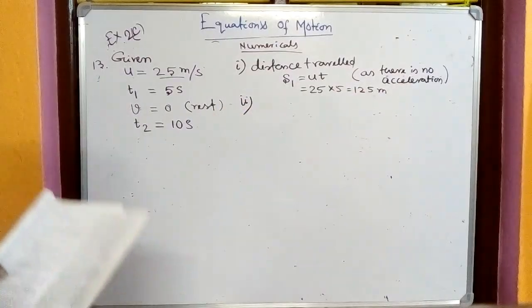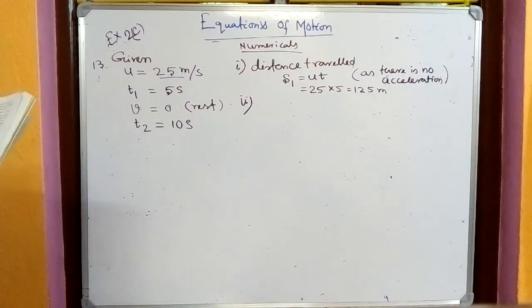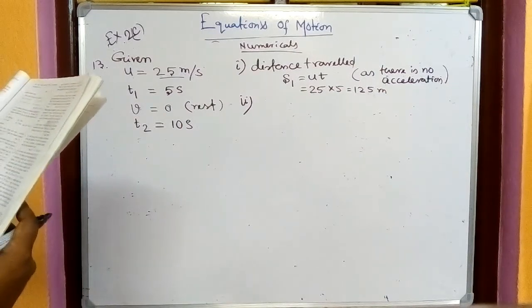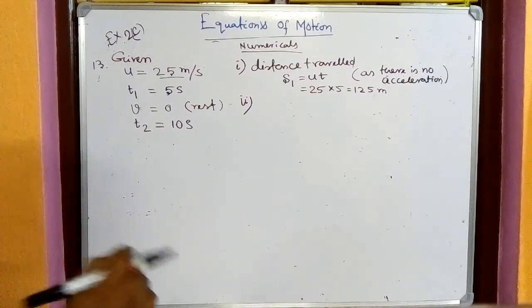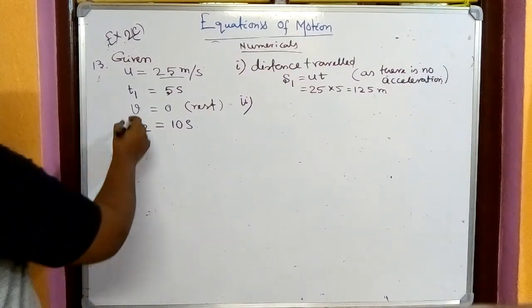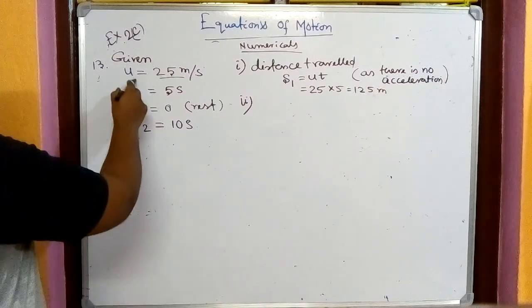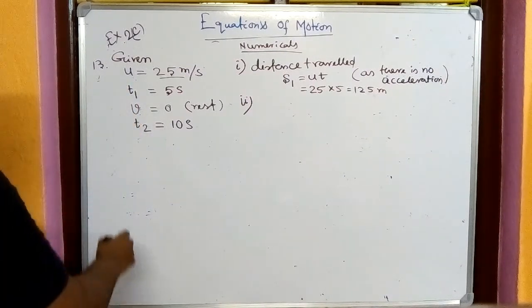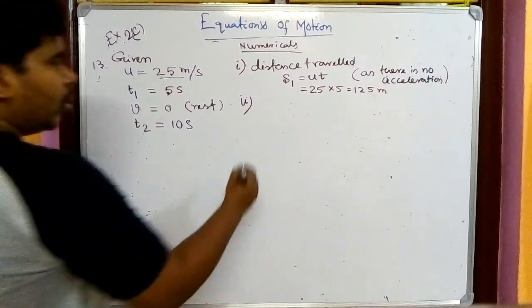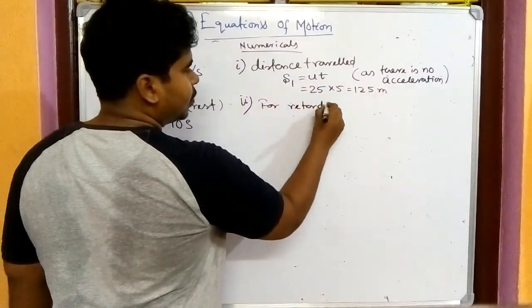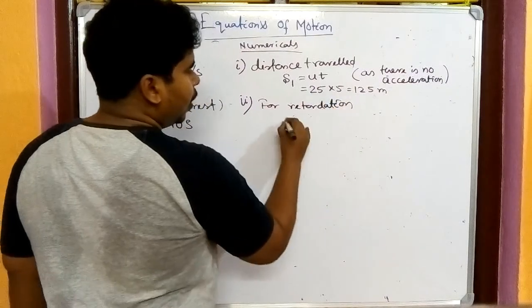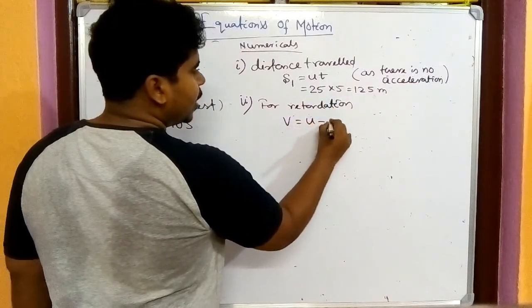Coming to the second part. In the second part it is told to find the retardation. Retardation means a. So v is given to you, u is given to you, and time t is given. We all know for retardation, v equals u minus at.